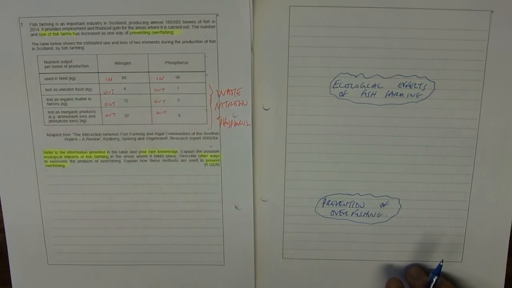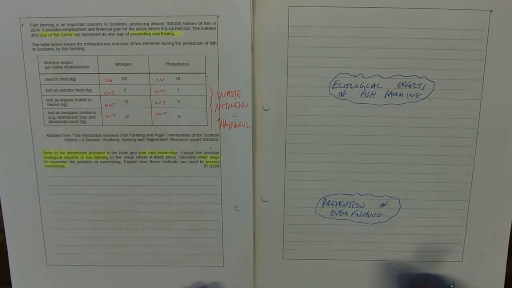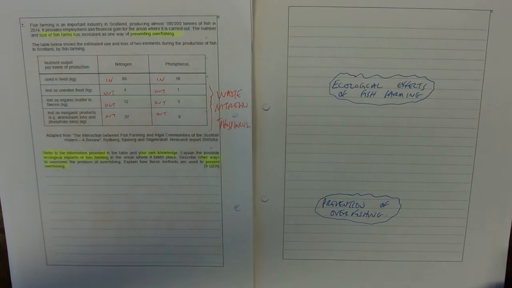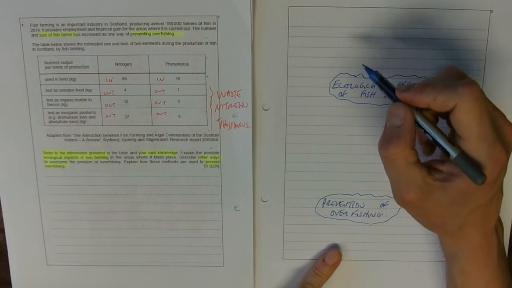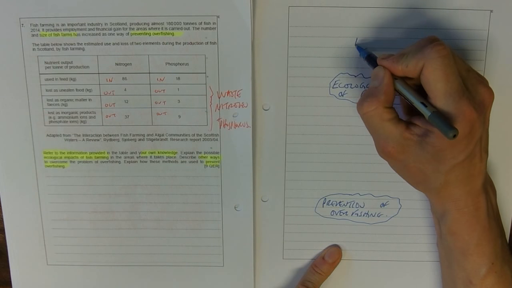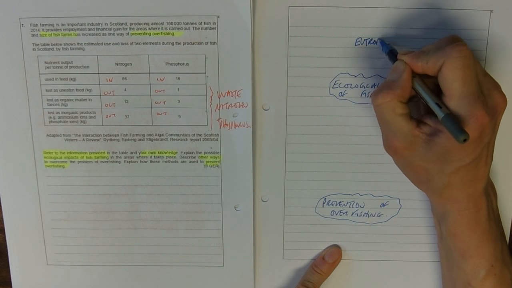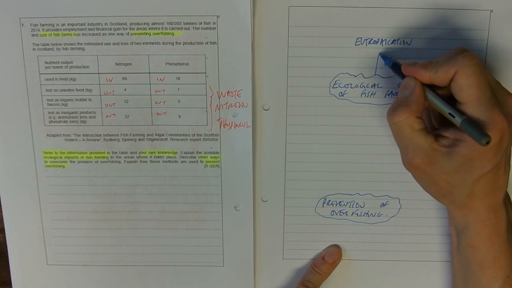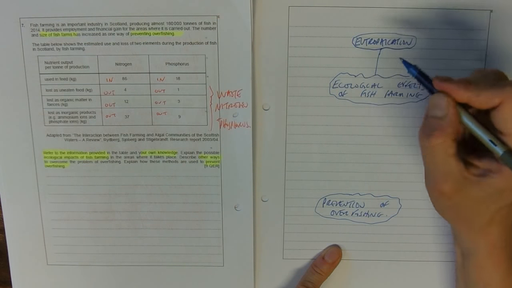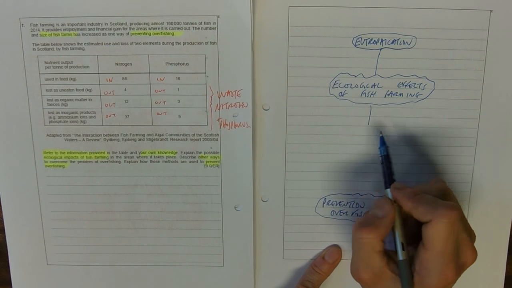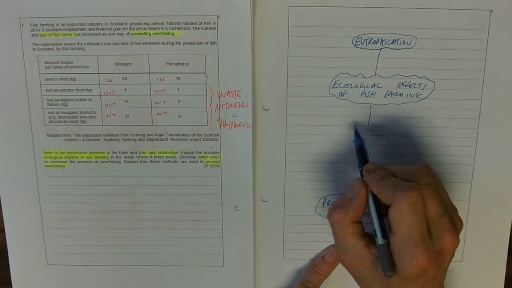So those are my kind of two main clouds. Things that I know about. I know about eutrophication. I'm going to talk a lot about eutrophication. And I actually know some more things about fish farming from my notes.